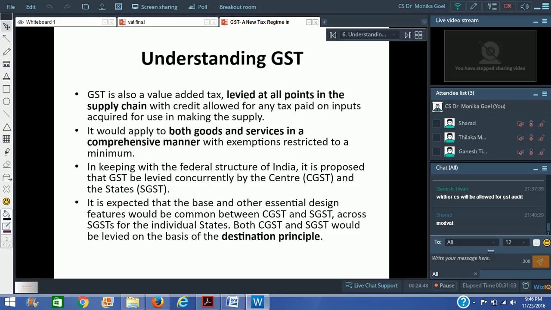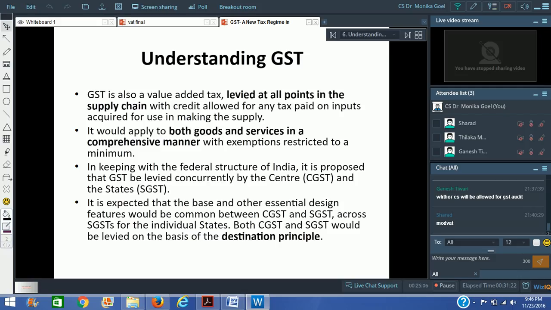So in order to answer the first question, do we have the constitutional mandate? A constitutional amendment bill was presented in the Lok Sabha, which has now been passed by the Lok Sabha as well as the Rajya Sabha, and has been approved by the President of India as well.